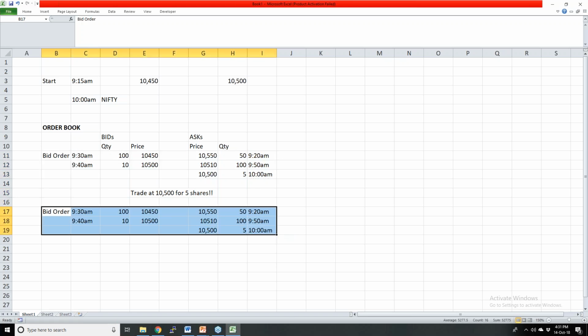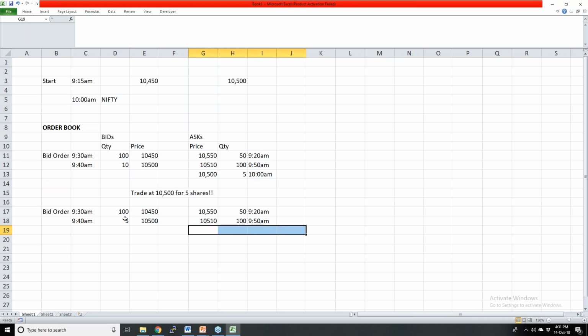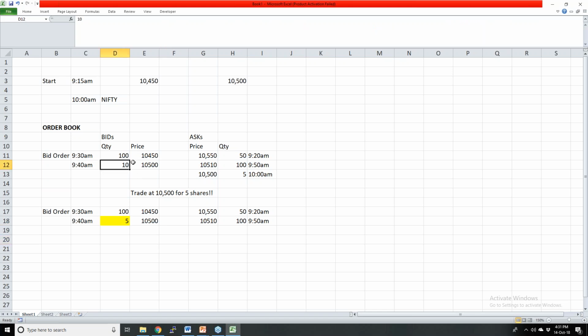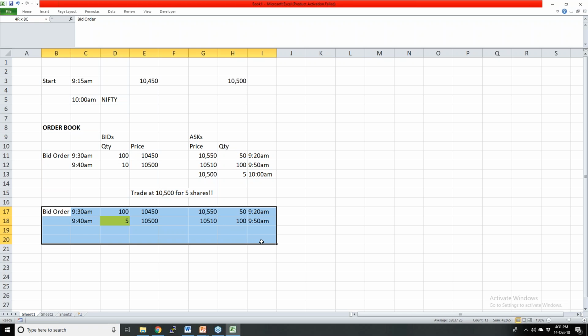This would become 5 and this would get removed, because a trade has happened, so 5 quantities from this 10 shares get removed. Is this clear? This is the order book that any trader would see.